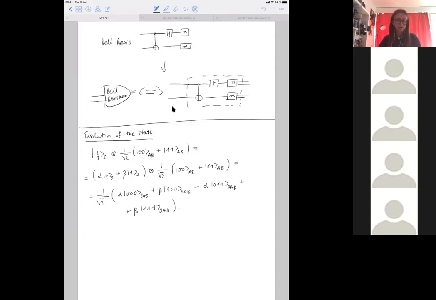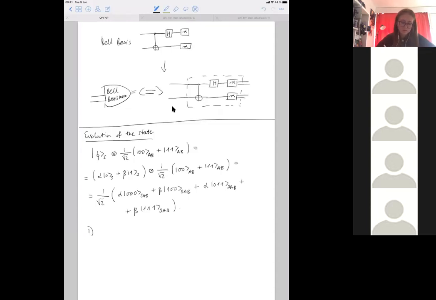So we have to go case by case, and see what state B would end up in on his end, and which operation he has to act with on his state in order to get the state alpha 0 plus beta 1.